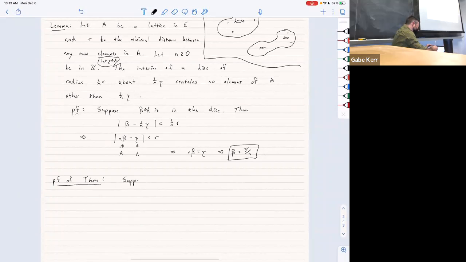So suppose alpha and delta times alpha do not give everything, but there's a beta not in the integer span of alpha and delta alpha.